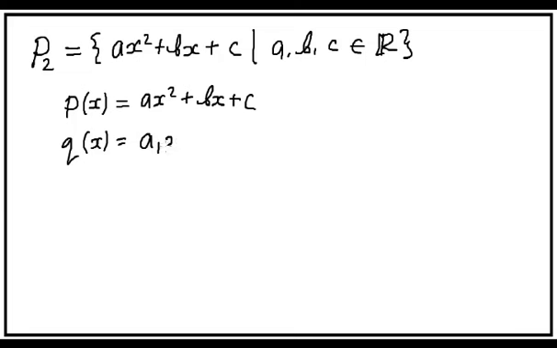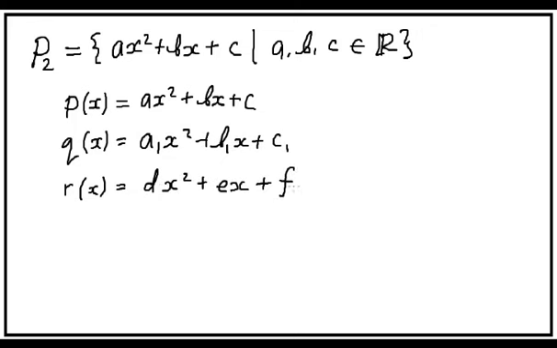We could say a1 x squared plus b1 x plus c1, for instance, or we could define the coefficients and call them instead of a1, b1, and c1, we could go on in the alphabet and call them d x squared, e x plus f, and so on.